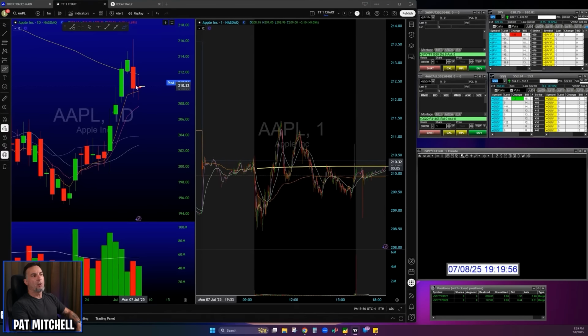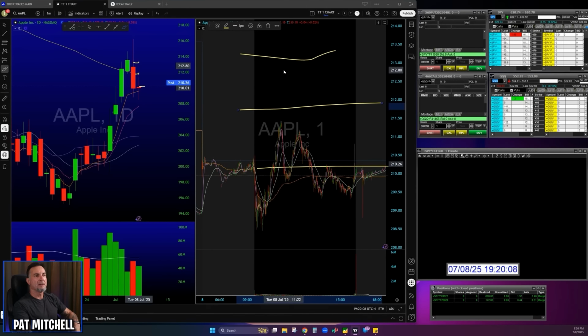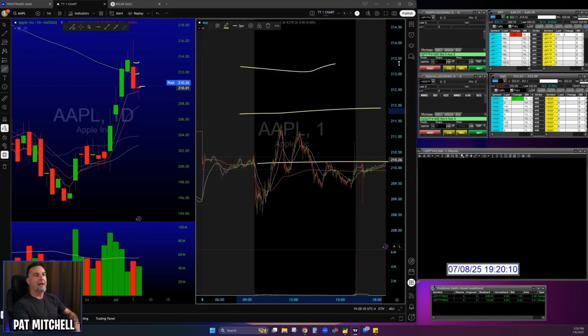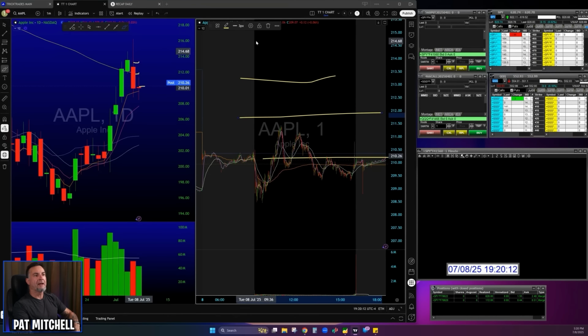Because we open here, we are looking for support, and support is below the current action. So if we open here, our support level is here, and a level up top would be resistance. So down below is support, up top here is resistance.